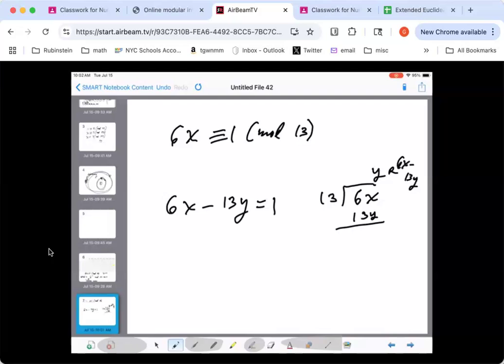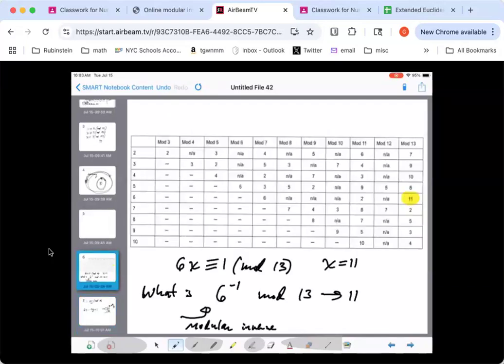But we want that to be 1. I kind of like what Edward said about how 6x is 1 more than some multiple of 13. So if I subtract some multiple of 13, I should get 1.